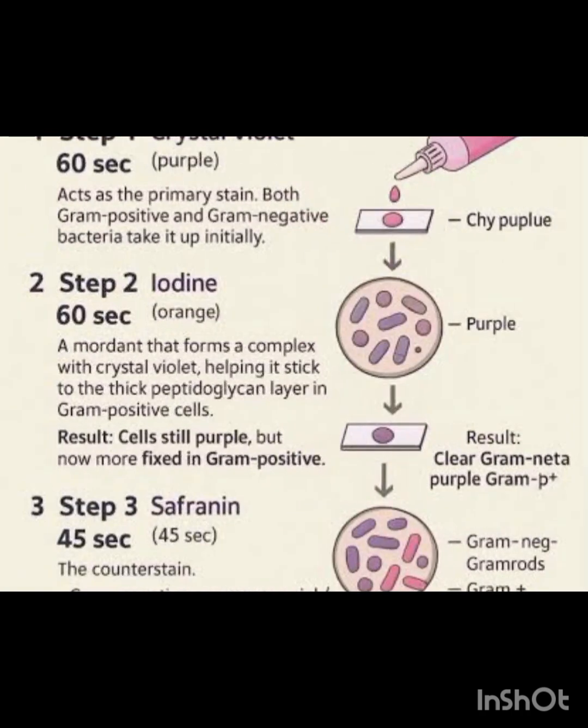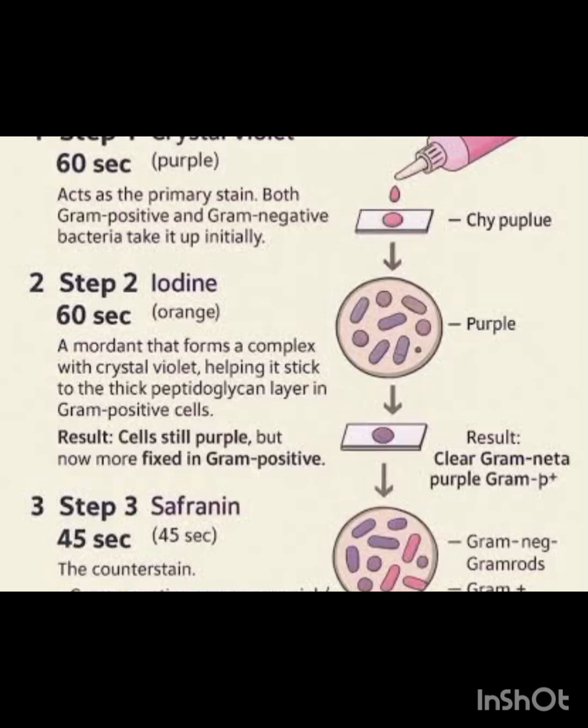It is the differential staining type, that is the gram staining. For this, we are using different types of dyes. First step is the crystal violet. It will act as a primary stain, and it will stain both the gram positive and gram negative bacteria. Then we will use the iodine, and it will form a complex with the crystal violet, means the crystal violet iodine complex will be formed, and the result will be the cells still purple, but now more fixed in the gram positive.